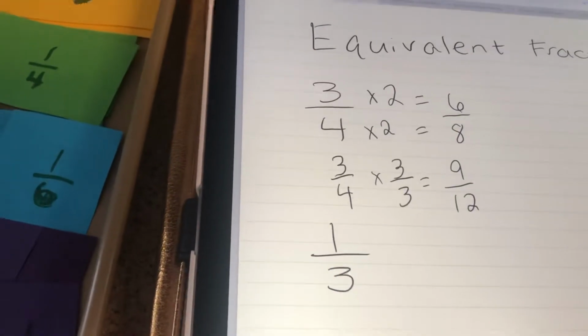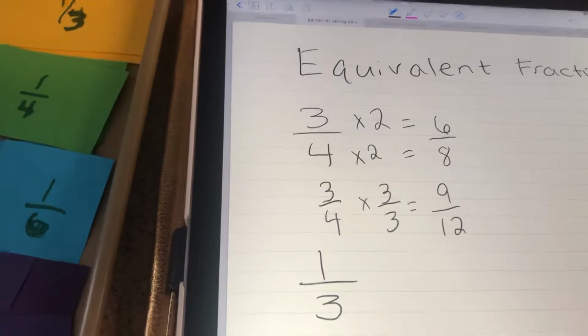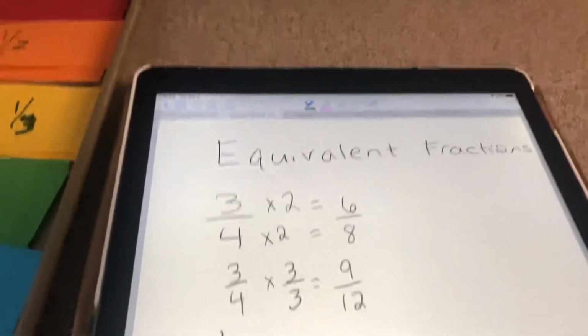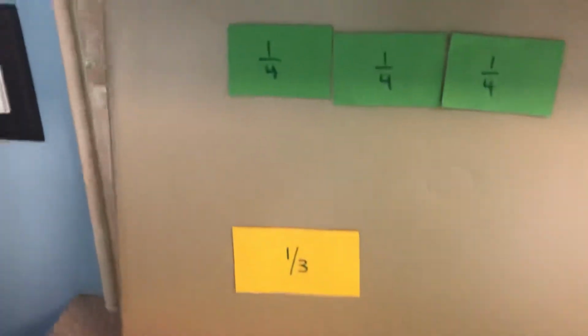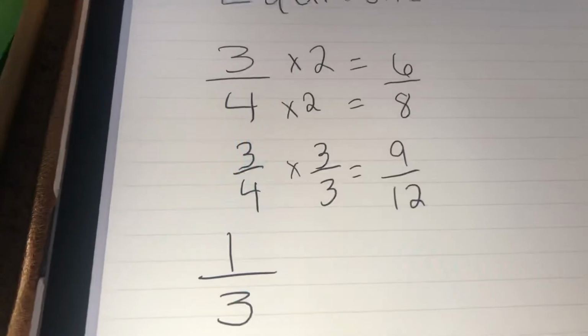But for a conceptual understanding, it helps students to be able to model and note that equivalent fractions are the same size. So we calculated that 9/12 is an equivalent fraction to 3/4.